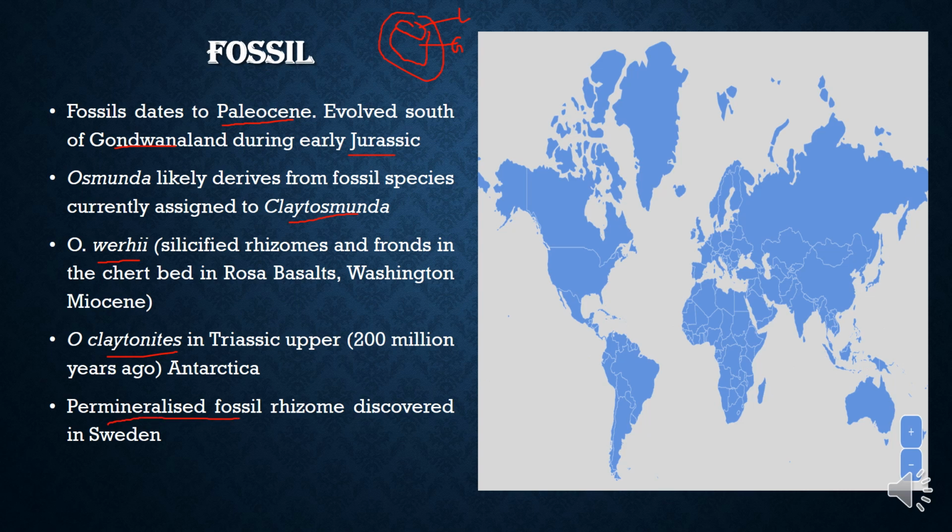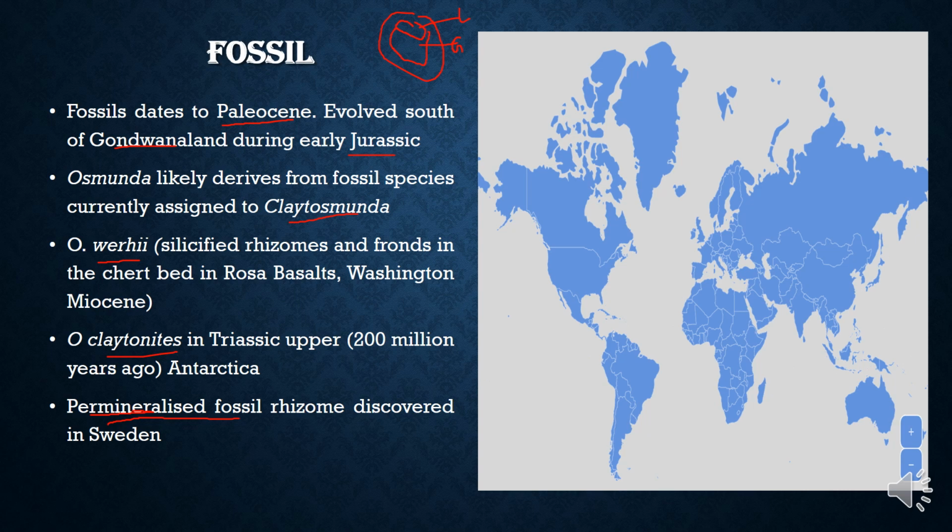Permineralization is a process where the organic matter is replaced by some mineral. Now permineralization can be by silicification, that is addition of silica instead of the organic matter. It can be pyritization, where iron and sulfur are introduced, replacing the organic matter.